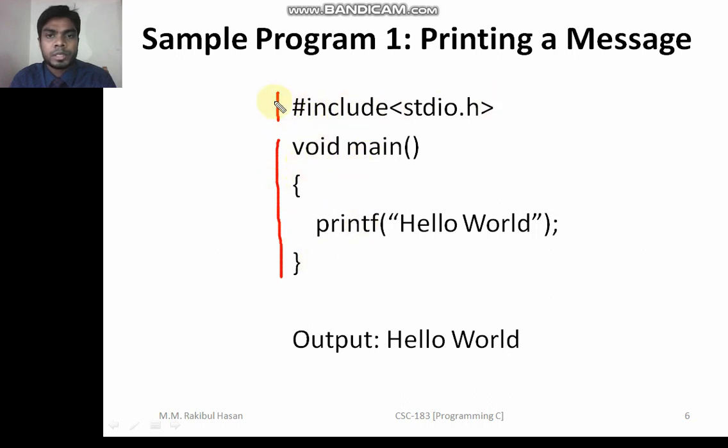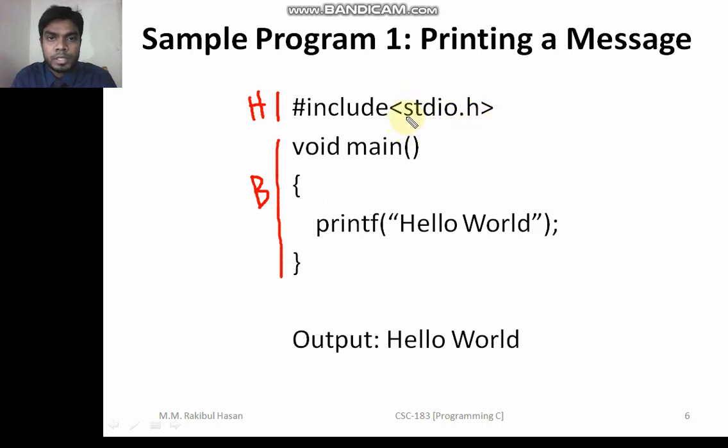So the first portion is the head. Let me denote this part by h. H means head, and this part is the body. This is a mandatory line you have to write in each and every C program, so better you memorize this one. For now, I will explain what it is later. Hash include, inside the angle brackets, stdio dot h. That means I am including this header file.